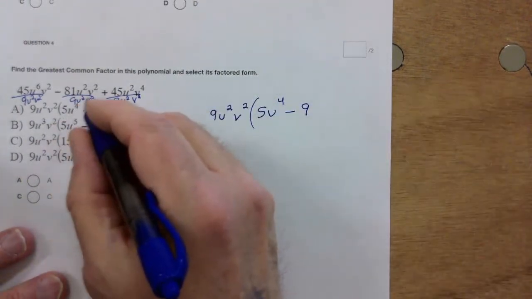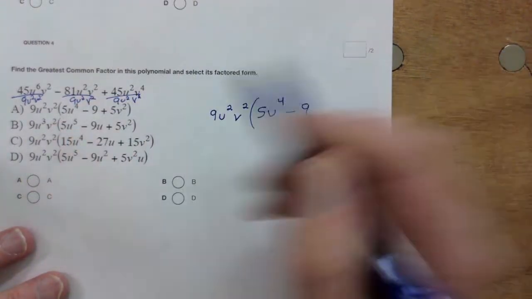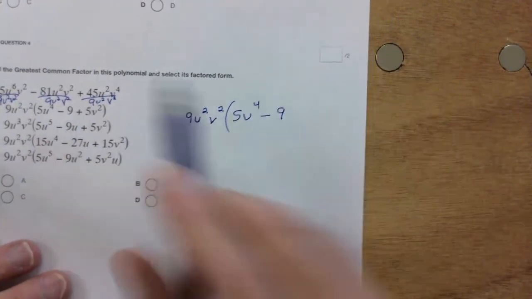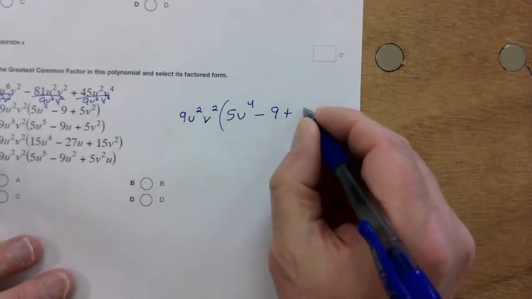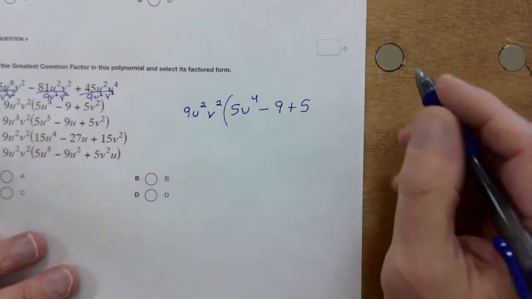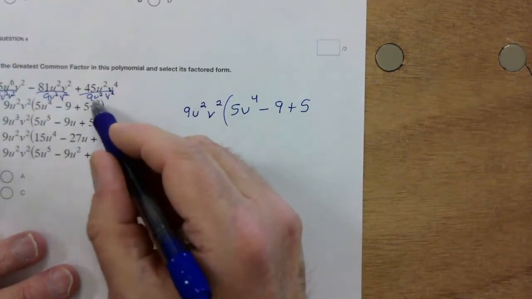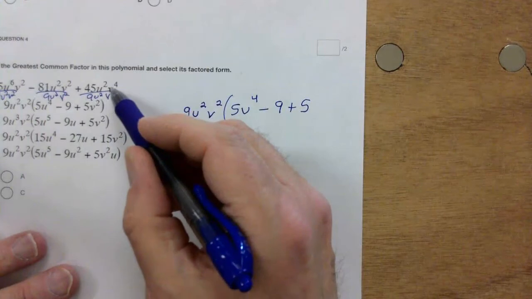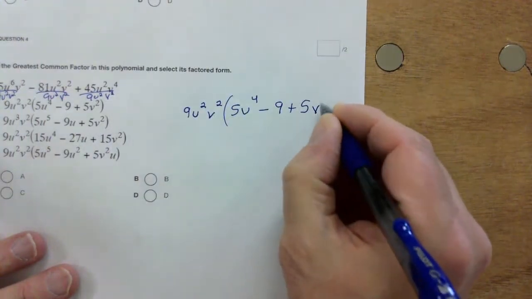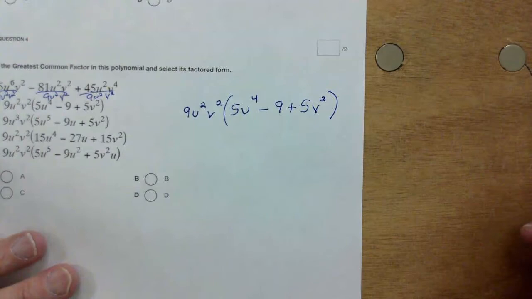The u's cancel out and the v's cancel out. There's 2 on top and bottom for both. And the last one is also a 5. 45 divided by 9 is 5. The u's cancel out. This has 4 v's on top. So take away 2, leaves me with 2 v's on top, like that.